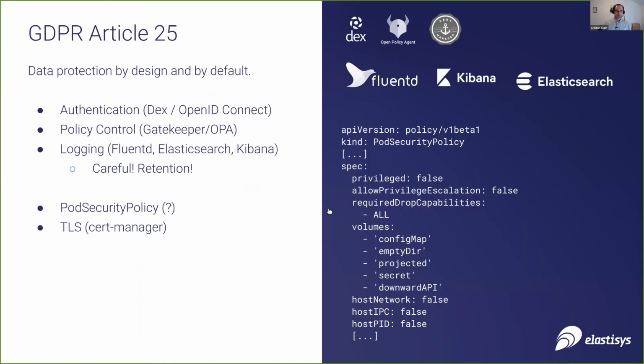So Article 25 means data protection by design and by default. And here is where I'm going to get a little bit more technical, just to make sure that people familiar with Kubernetes have something out of this presentation too. If you recall, often when you're creating a Kubernetes cluster, you have one single set of credentials that is shared with all of the developers.